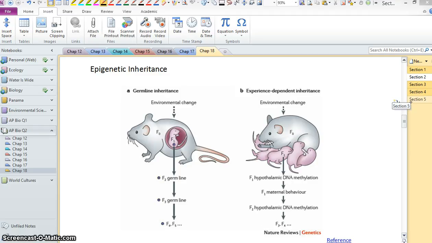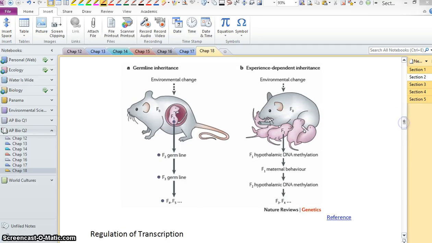But with epigenetic inheritance, this trait that's been modified in a way other than a mutation can be passed on from one generation to the next. Sometimes this happens in utero, where there's a modification of the germline, essentially the reproductive cells and their DNA, and that can be passed on from one generation to the next.